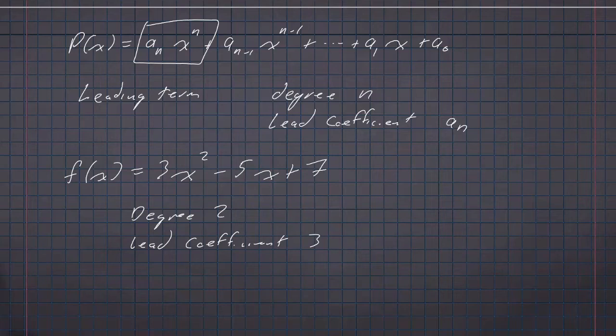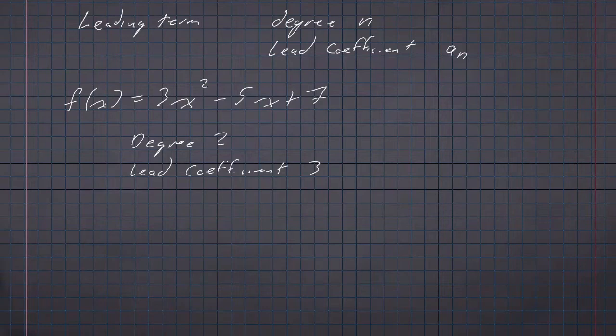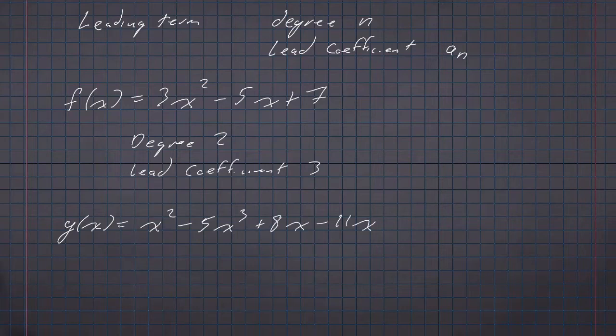If I jumble up the order a little bit, give you something like g of x is x squared minus 5x cubed plus 8x minus 11x to the 5th minus 42.